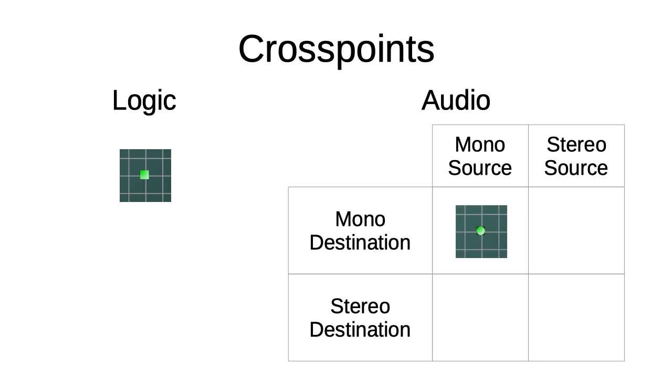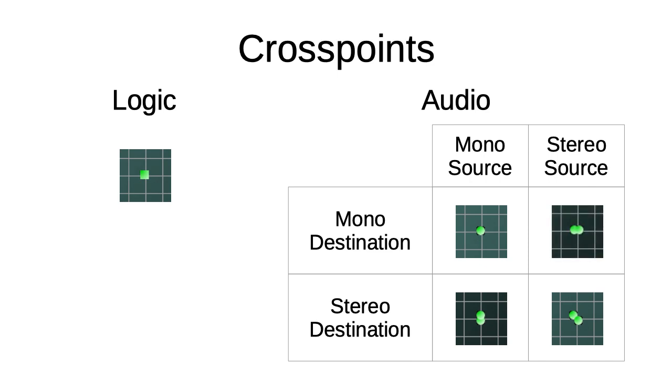A single circle is a mono source being fed to a mono destination. Two circles at a 45-degree angle to each other are a stereo source to a stereo destination. Two circles on top of each other, stacked, is a mono source being fed to a stereo destination. And two circles side by side, that's a stereo source being fed to a mono destination.